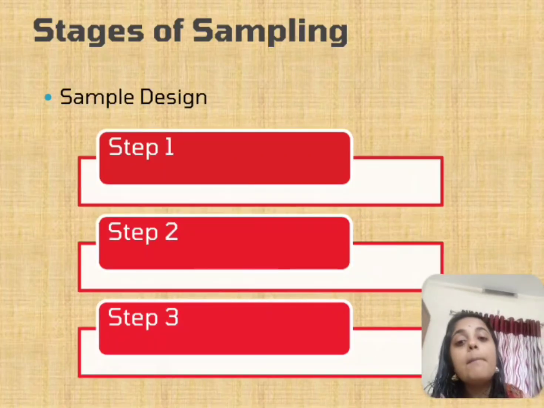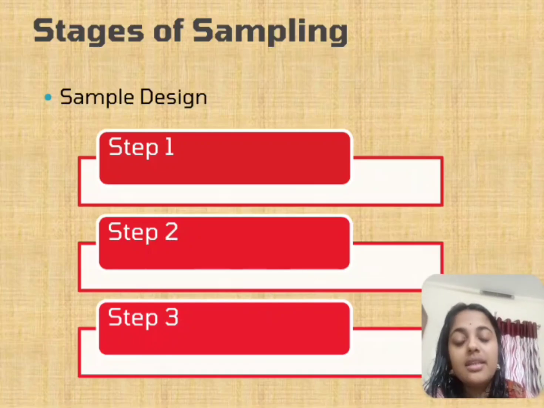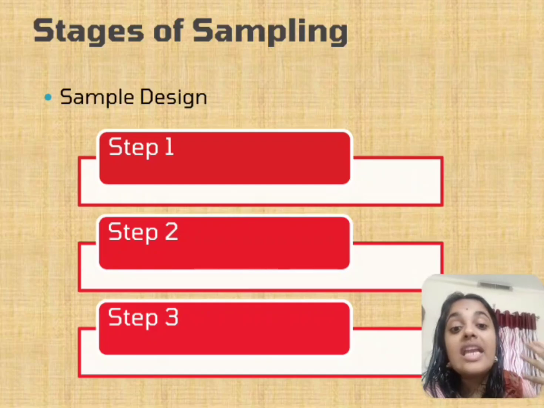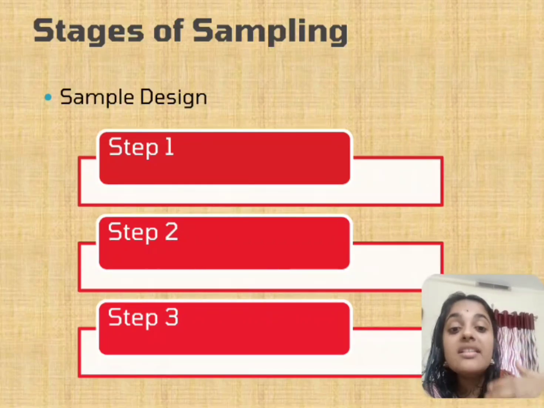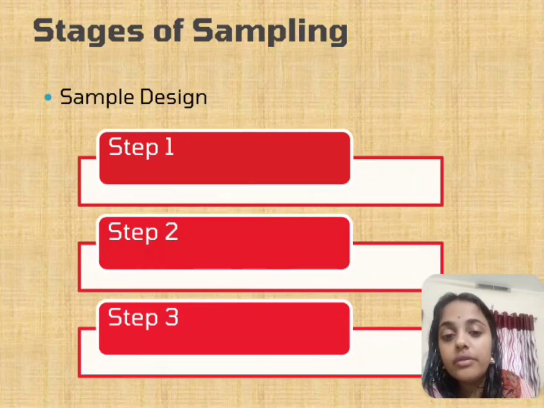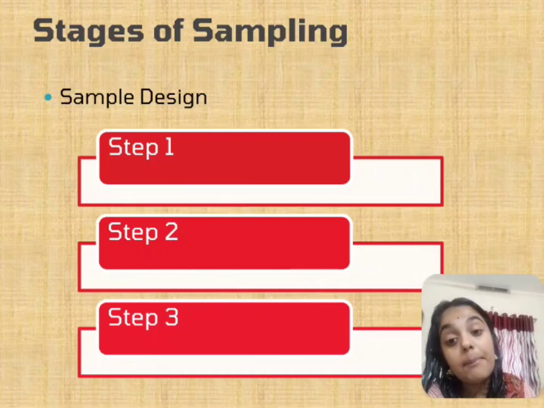Now, sample design. Certain stages are involved in the selection of a sample. There is a way in which the sample is derived from the whole population. There are certain steps involved in the selection of a sample. It is also known as what? Sample design.